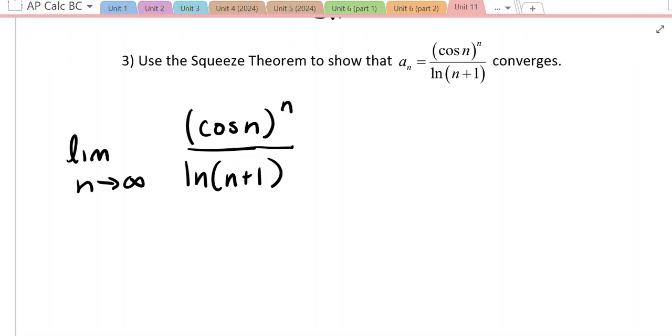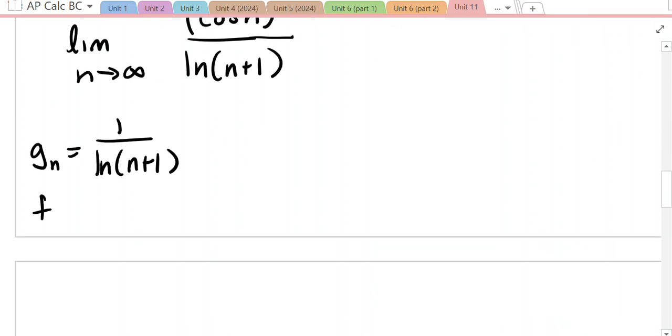Since the largest that cosine can be is +1 and the smallest cosine can be is -1, I'm going to look at one of my sequences being 1 over ln of n plus 1 and the other being -1 over ln of n plus 1.